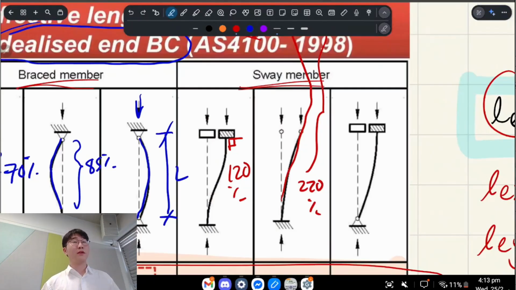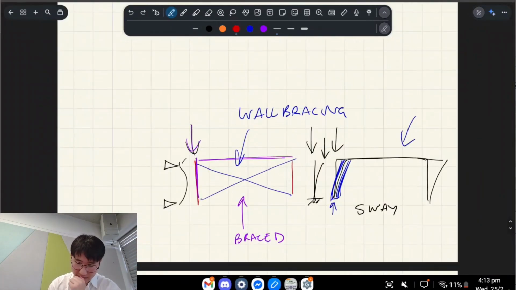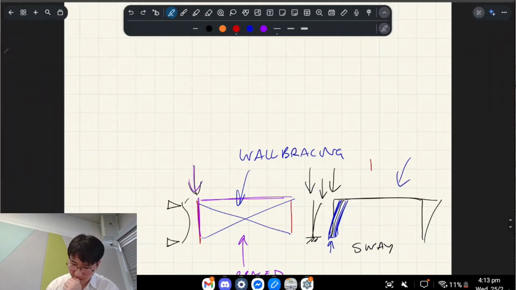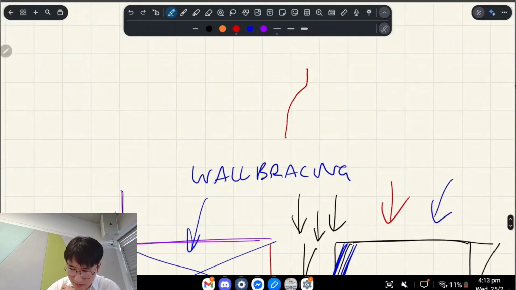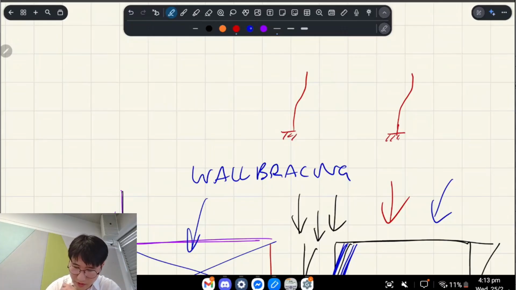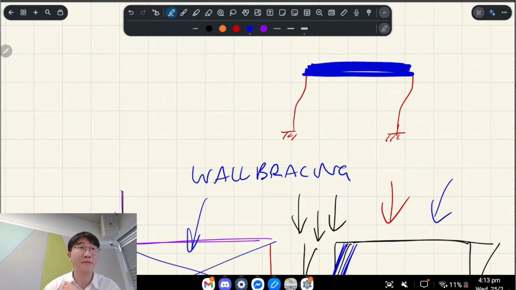Going back to this example, it would be like if you had columns that could go like that. But imagine the beam that was connecting them was super rigid, and that can't change shape, right?